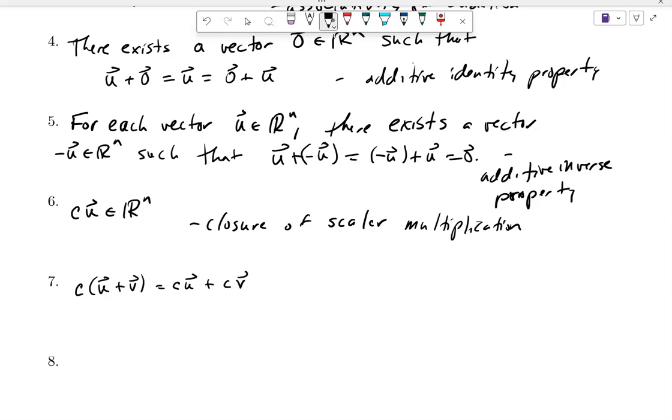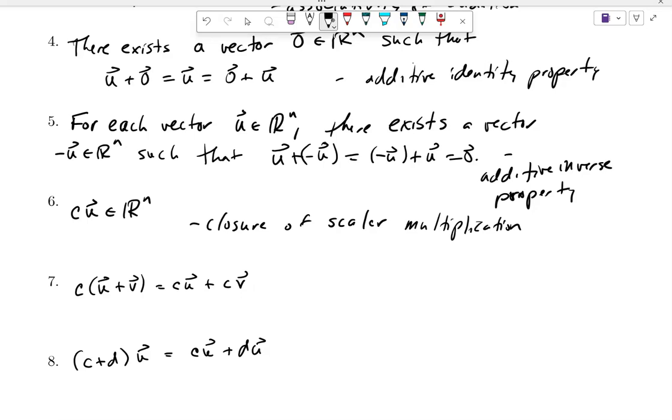The next 2 talk about how scalar multiplication behaves nicely with addition. These really are saying 2 different things.